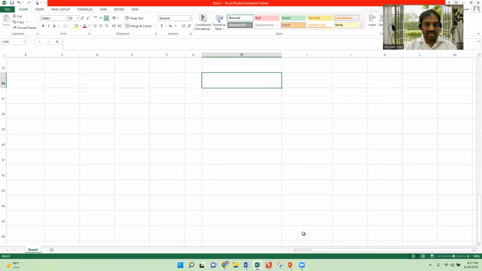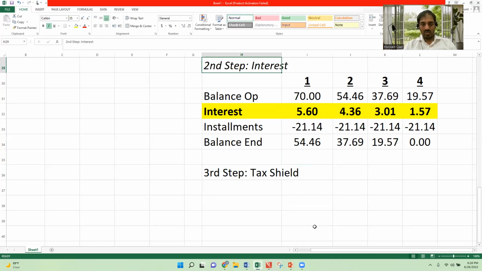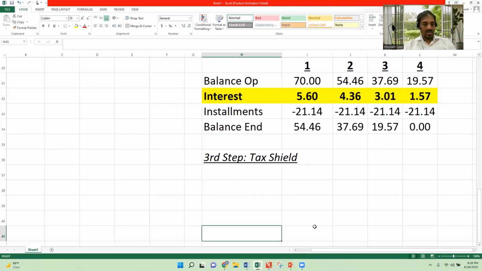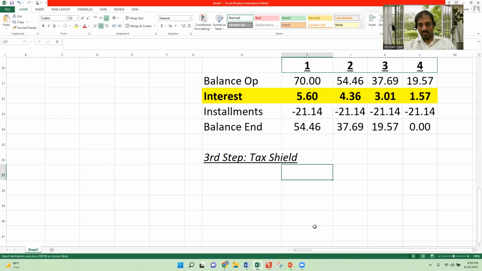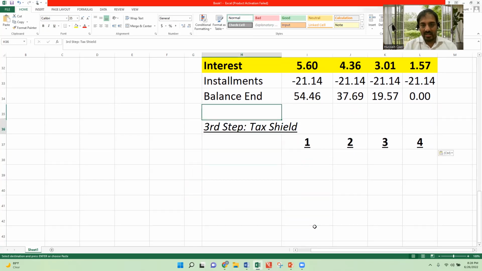The third step is tax shield. Okay, once again, how to calculate this? First of all, identify the interest.